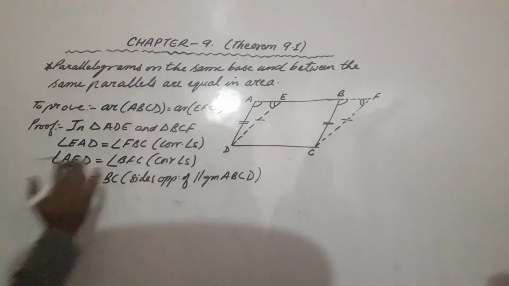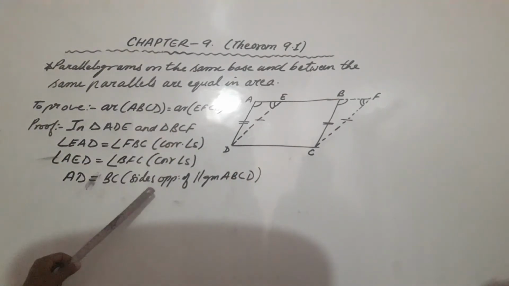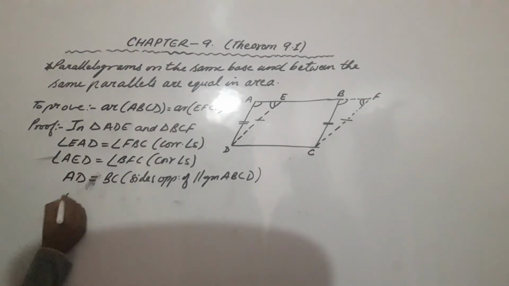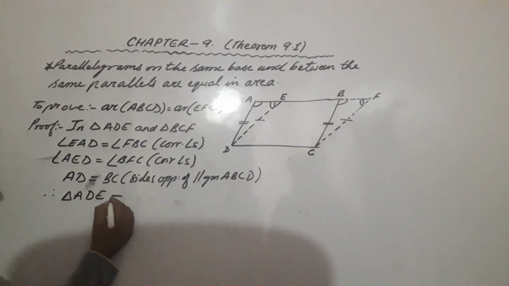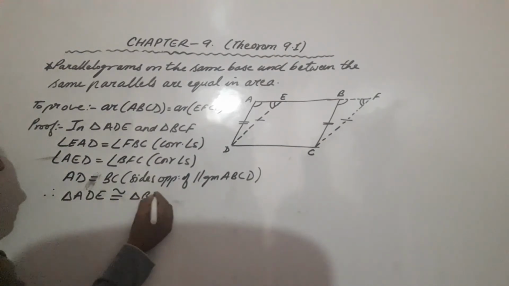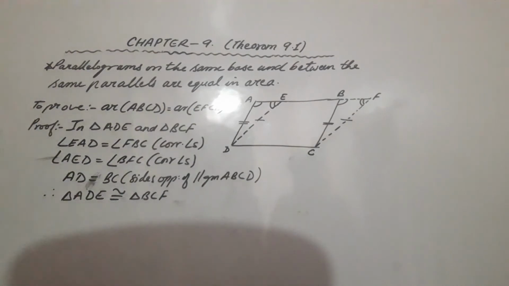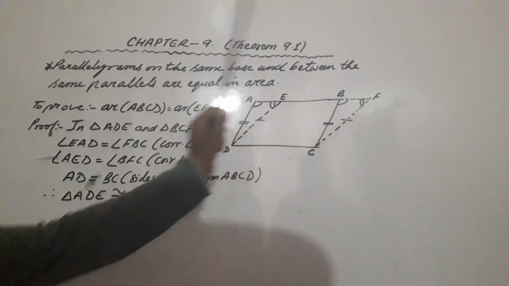With these three proofs, we have found that these two triangles are congruent. Therefore, triangle ADE is congruent to triangle BCF.